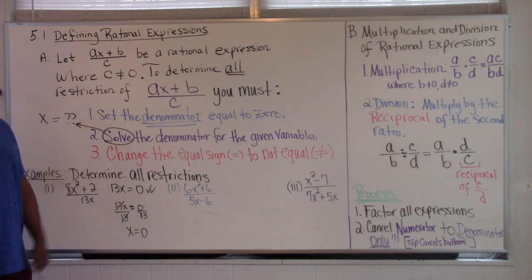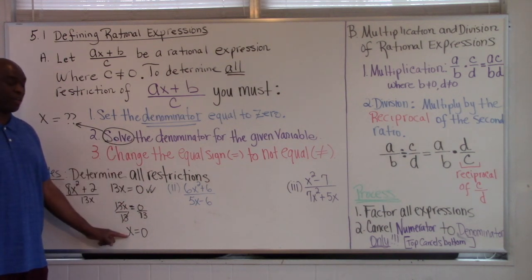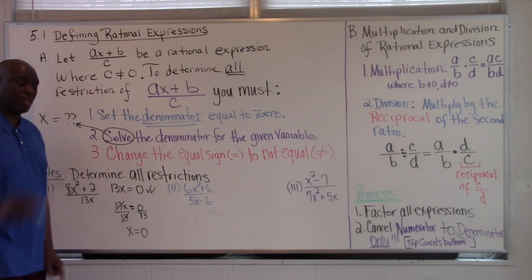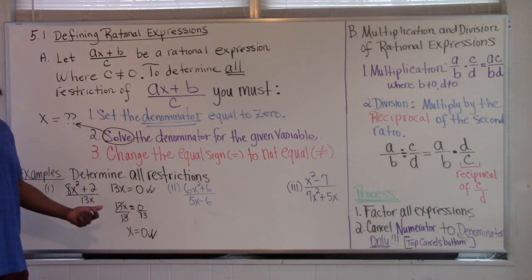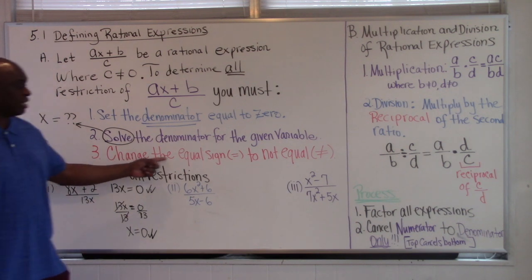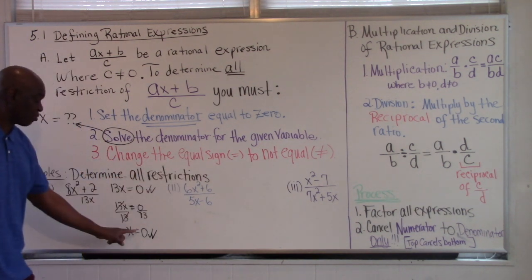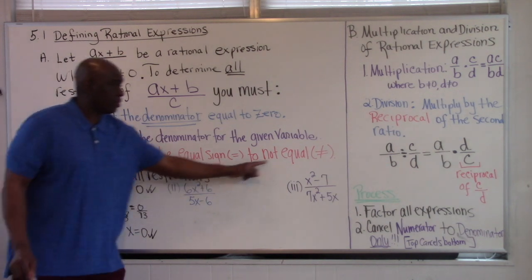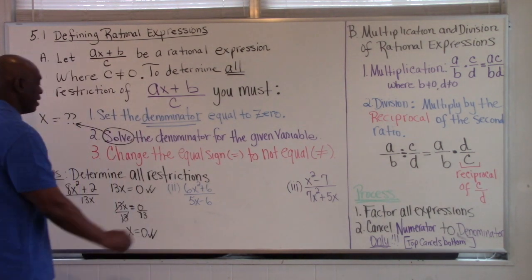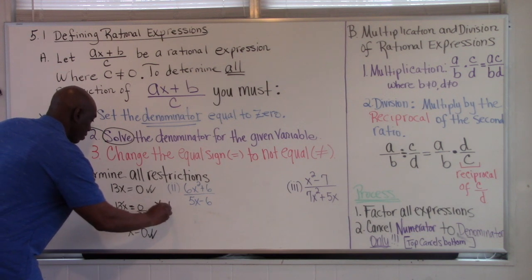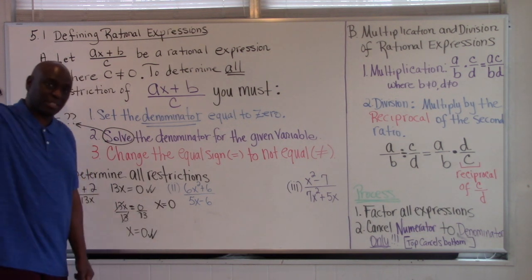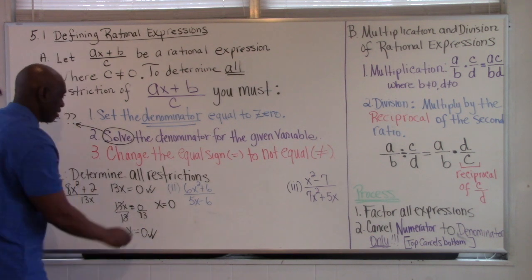That's it for step 2. We have solved it for the variable x. X equals 0. Step 2 is done. Check, check. Final step. Change the equal sign, which is right here, to not equal. So that means take your x equals 0 and put a slash in it, like this, not equal.